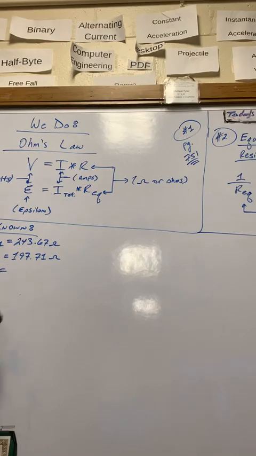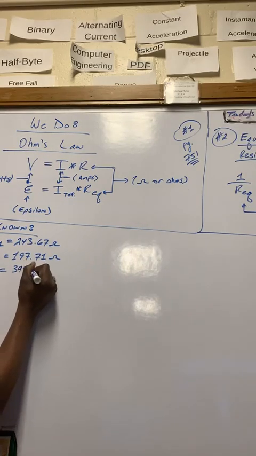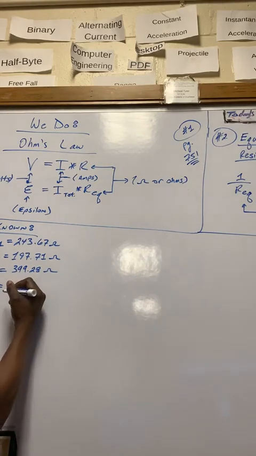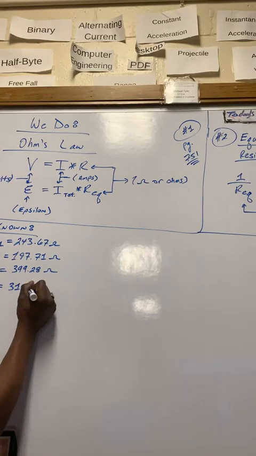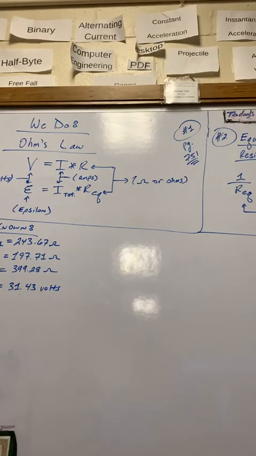R sub 3 is 399.28 ohms. And last but not least, epsilon, that's not a 3, y'all, that's epsilon, our voltage, or electromotive force, is 31.43 volts, all right?